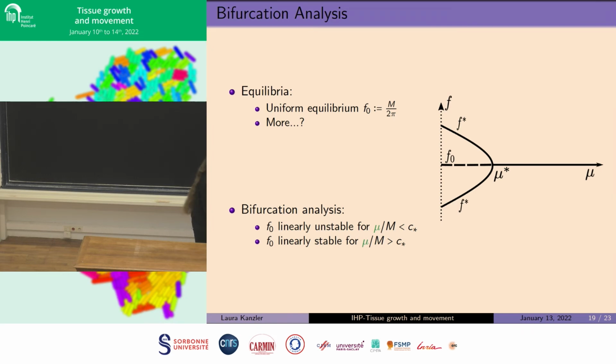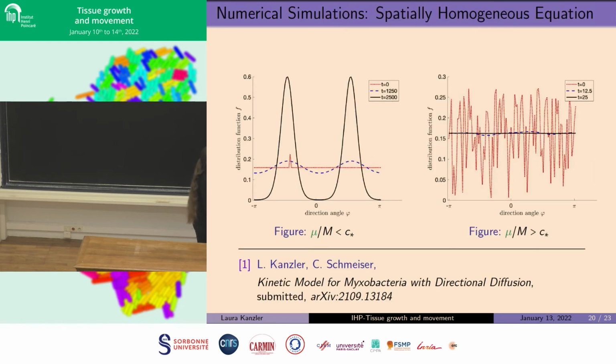That was a formal bifurcation analysis, and I want to conclude actually with just two simulations. Here on the left-hand side, in the regime where the diffusion is not strong enough, red are the initial data.